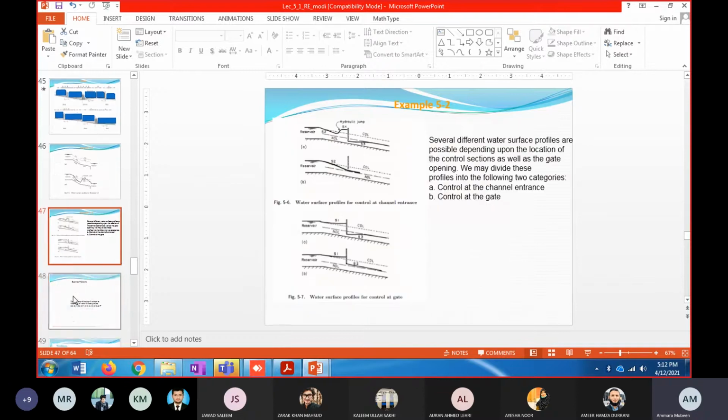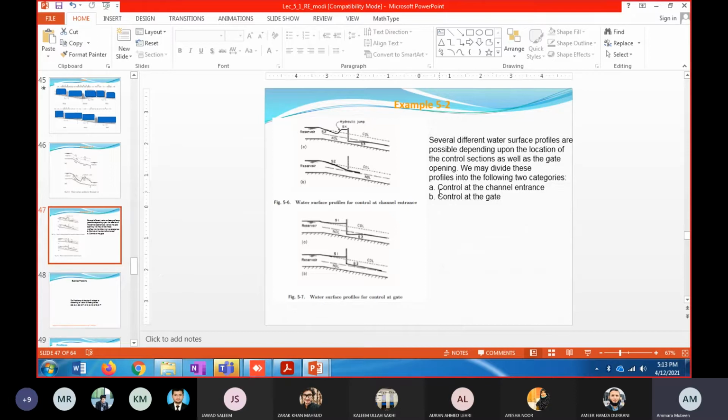And 5.2 is this. In this example, there can be several water surface profiles possible, depending upon the location of control sections as well as the gate opening.